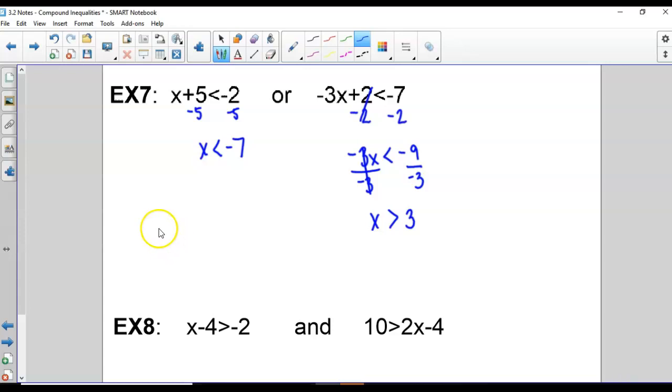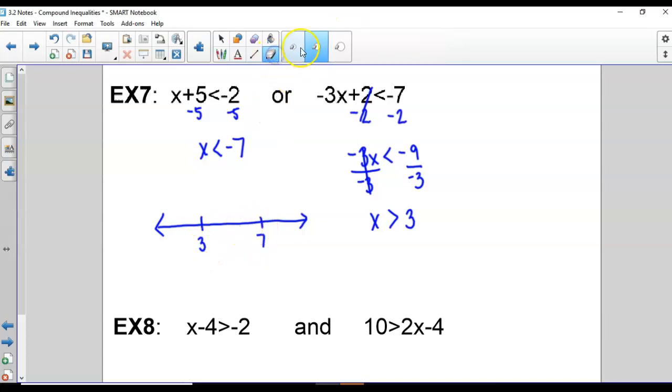So to graph our answer, I want you to graph all of your answers here. We're going to have 3 and 7. Oops, sorry, we need to do that again because it's not 7, it's -7. And so on the number line, -7 is below +3.